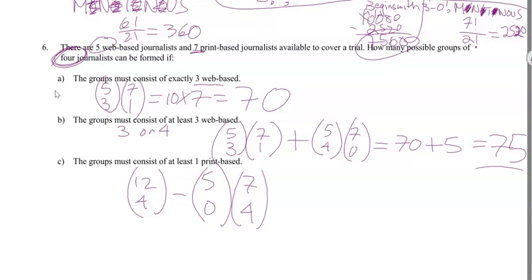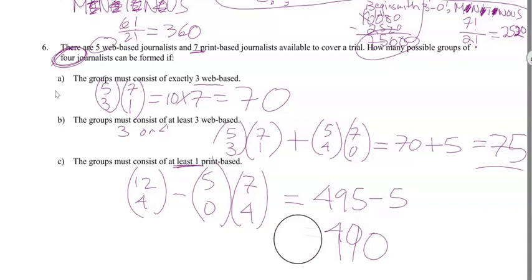We'll get rid of the none, and we will be left with 1, or 2, or 3, or 4, which will be at least 1. And what is it? 495 minus 5, 490 ways. All right, we're good.